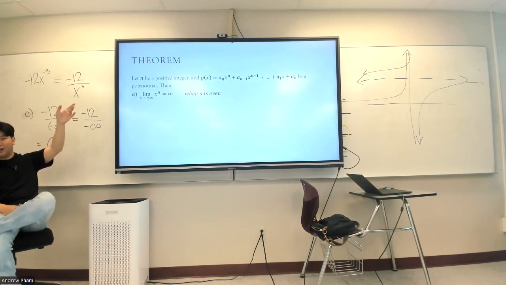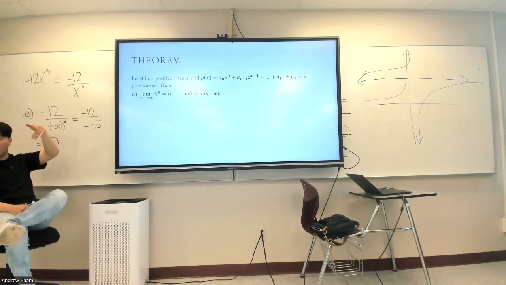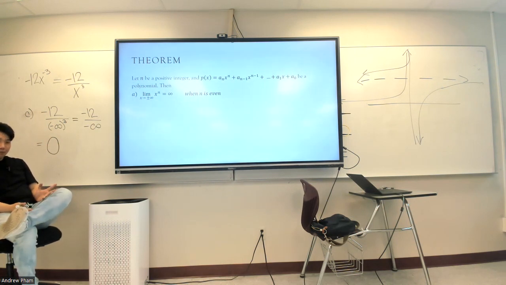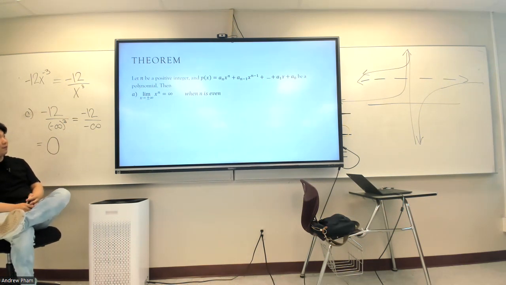Yeah, if I take any real number and take it to an even power, like I square it, then it's going to be positive one way or another. So this is the idea right here for part A. We know that by parity, positive times positive is always going to be positive, negative times negative is positive as well.